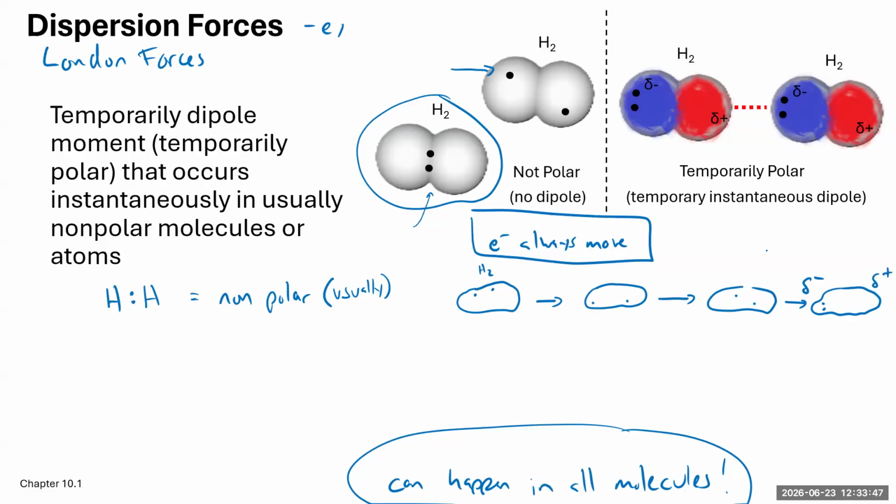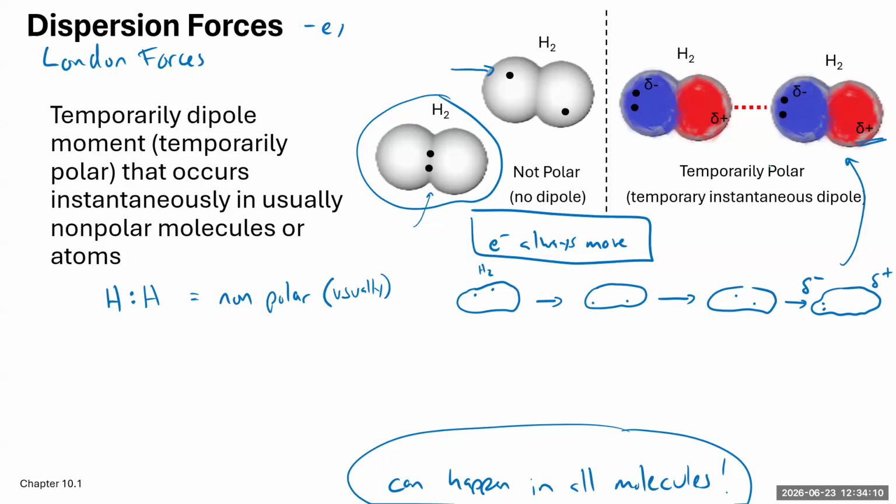Well, that can cause other molecules to kind of mimic that, right? If this side is positive, it's going to attract these negative electrons. So they're going to pull the electrons to one side. And that means this other side is going to be positive.